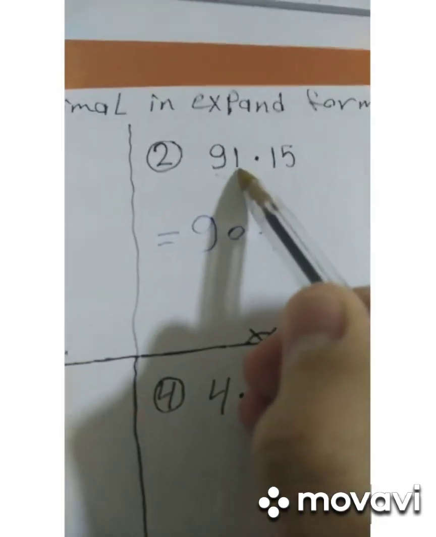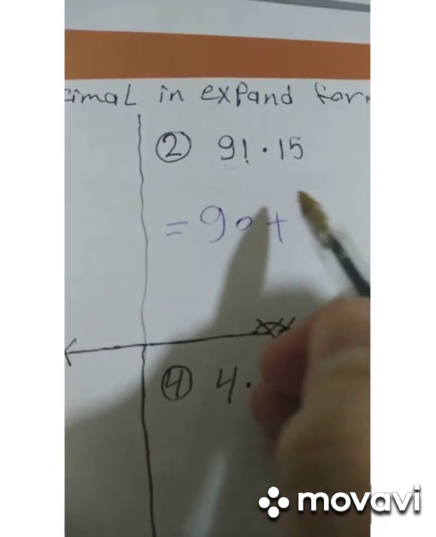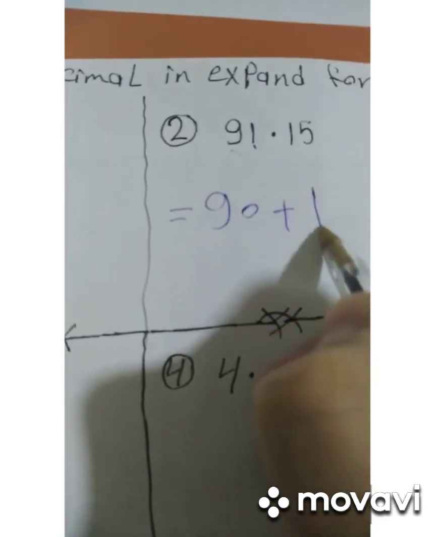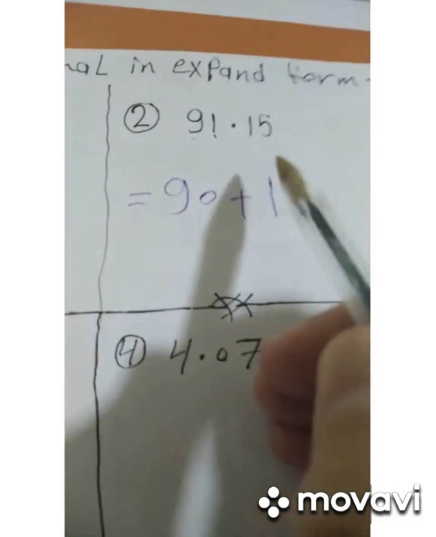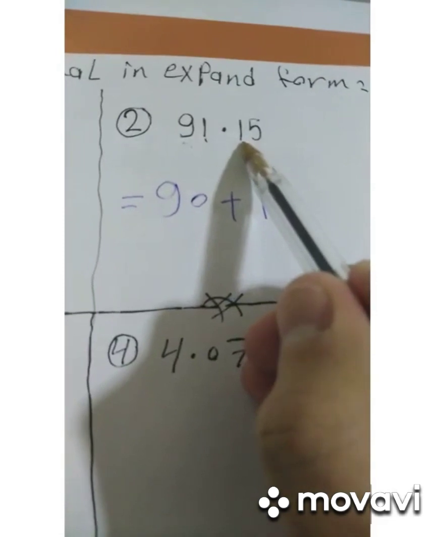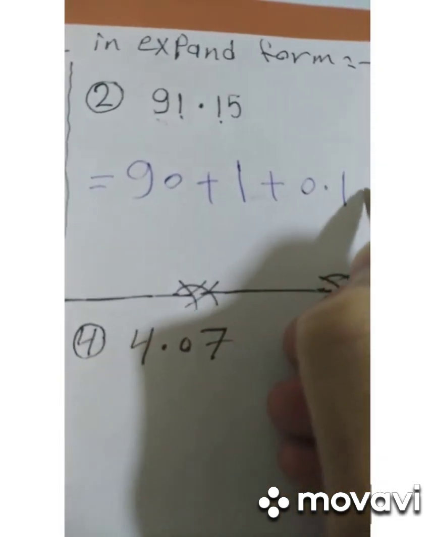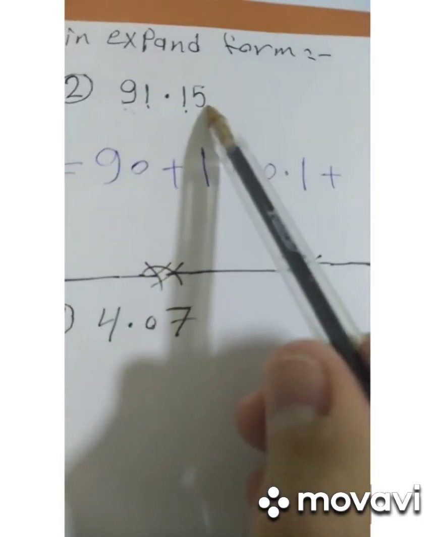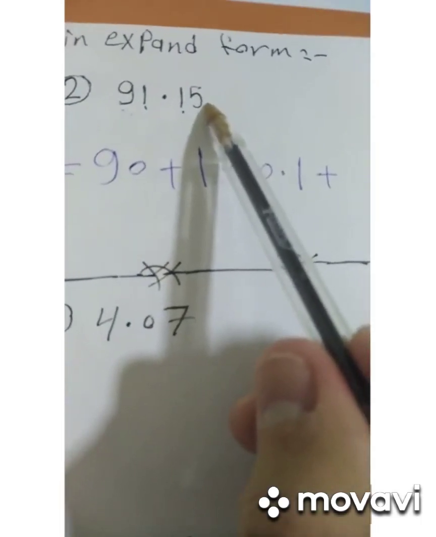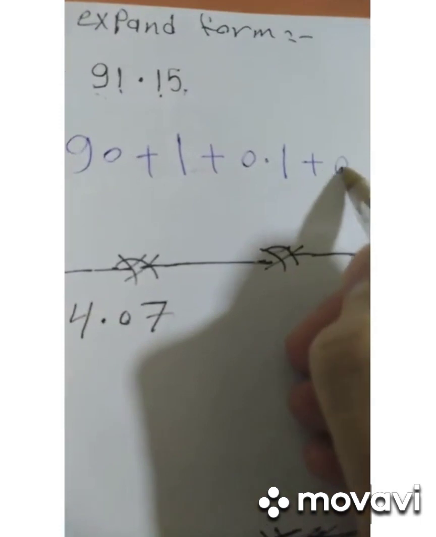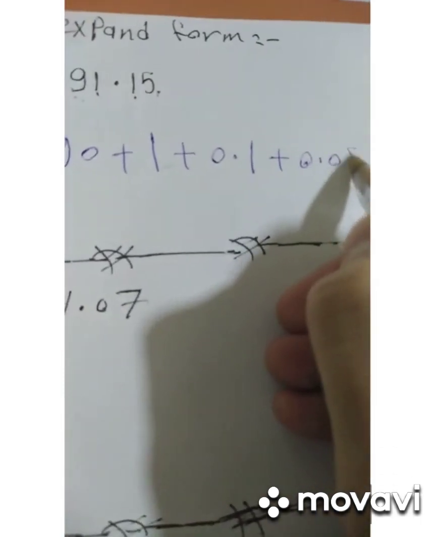Plus 1 in ones equals what? 1 in ones equals 1, plus 1 in tenths. We write it 1 tenth, plus 5 in hundredths equals, yes, 5 hundredths, 0.05.